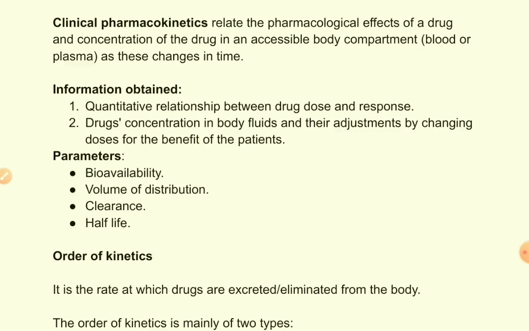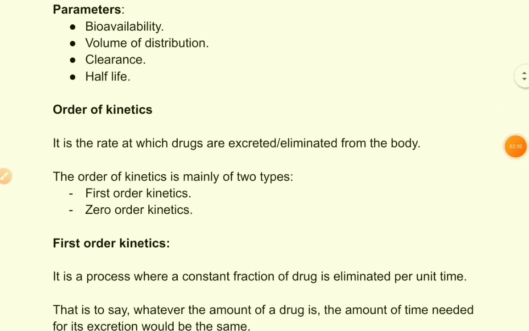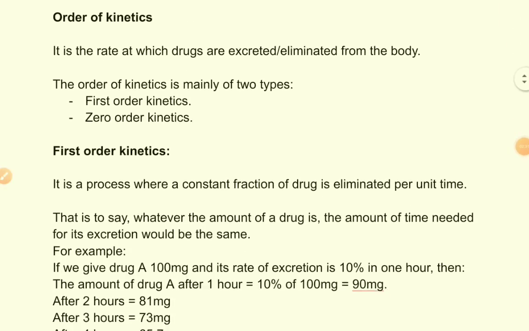Bioavailability, volume of distribution, clearance, and half-life. Okay, now in this lecture we will talk about a few other related topics as well, because in order to understand all these things, we have to go through many other small topics.